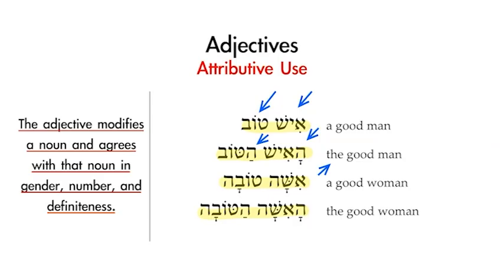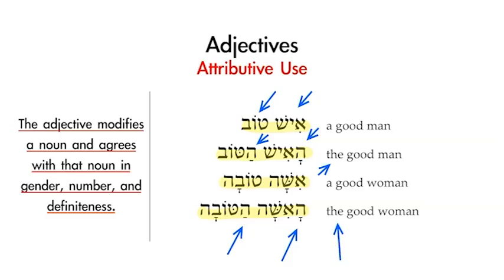Notice that they agree in gender, number, and definiteness. They're both feminine and singular and definite. And again, the attributive adjective follows the noun that it modifies. And once again, just to reinforce this fact, even though there are two definite articles in this construction, literally the woman, the good one, in English we're just going to render it with a single definite article, the good woman.